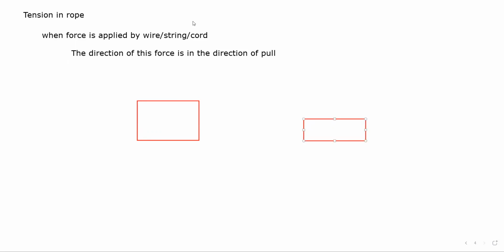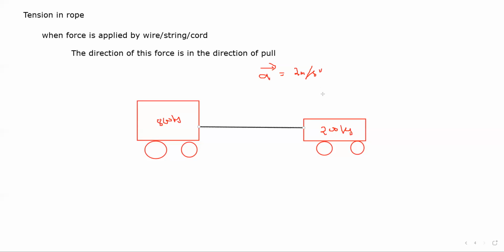For example, this one is 20 kg and this one is 800 kg. And this whole system is accelerating, and its acceleration, for example, is 2 meter per second square, and the two objects are attached by a string or a wire. So between them there is a string or a wire.